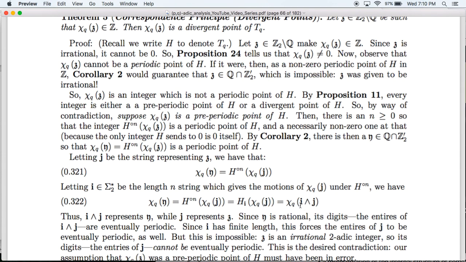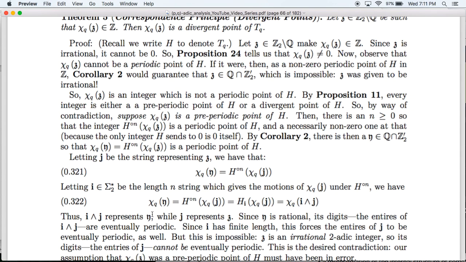Since this is a periodic point, this number is the unique two-adic input which makes chi-q equal to this quantity. So that means bold I wedge bold j must be y.